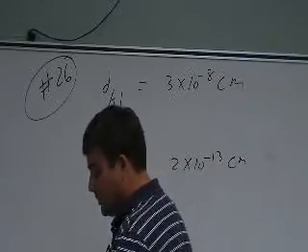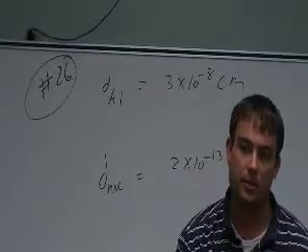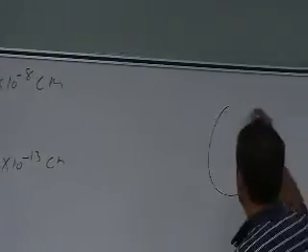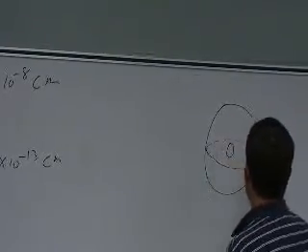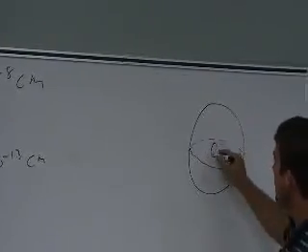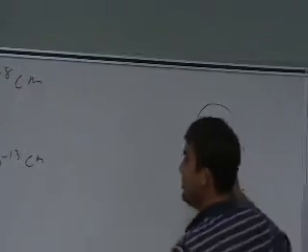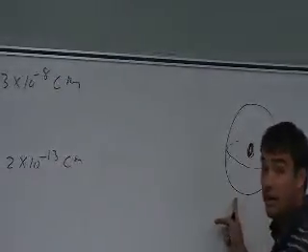And it says calculate the ratio of the atom's diameter to the nuclear diameter. Now what you can kind of see here is if you draw just kind of a rinky-dink picture, this right here is your atom and this right here is your nucleus. Now one would predict that the nucleus would be considerably smaller than the whole entire atom, right?